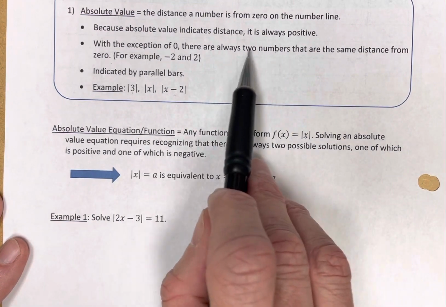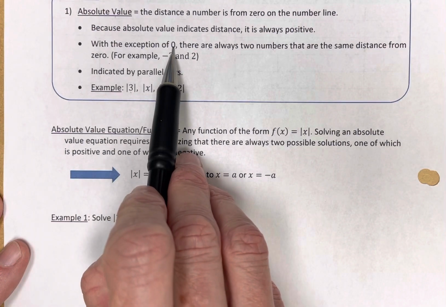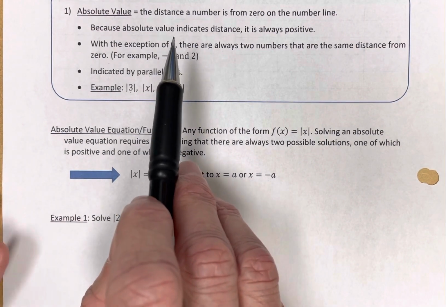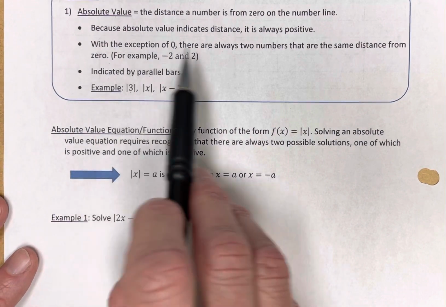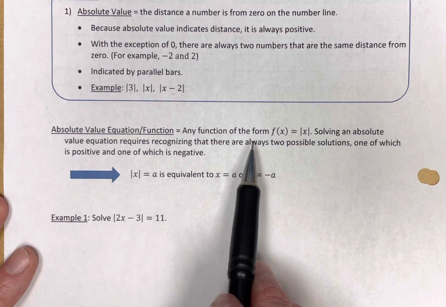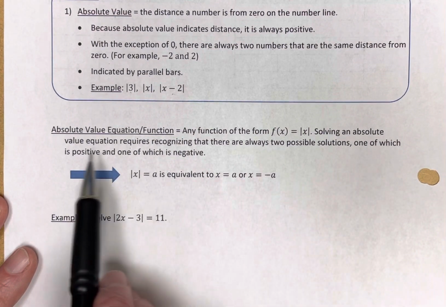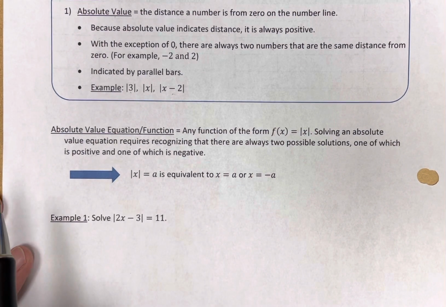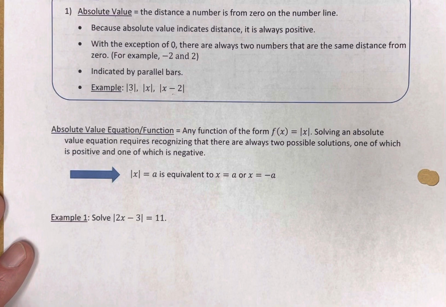There are always going to be two answers, because with the exception of 0, which is one number out of an infinite number, you're always going to get two answers. So we want to recognize there are always two possible solutions, one of which is positive and one of which is negative. As we solve these things, that's what we're recognizing.